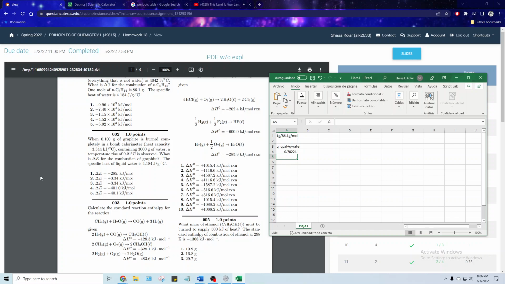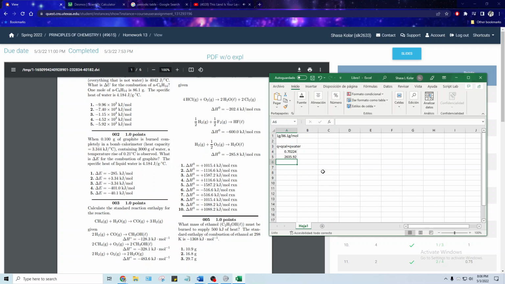Anyway, Q water is the 3,000 grams. So we have our m and our c: 3,000 times the c, which for water is 4.184. And we multiply that by the delta T, which is 0.21, and we get that.